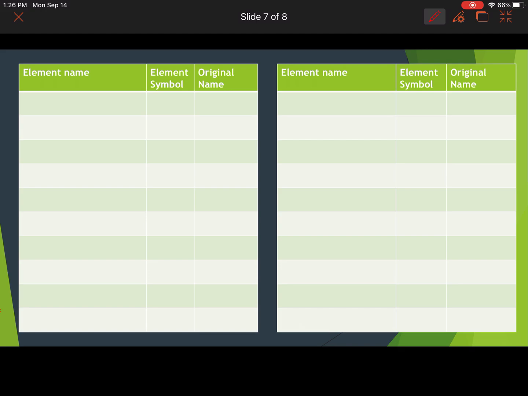So looking at this element name, we're going to start out with number 1. So if you look at your periodic table, the first element listed there is hydrogen. The element symbol is H. Now, some of the elements had original names, and hydrogen didn't. It's always been hydrogen. So if it has an original name, I'll write it in there. So hydrogen. Helium is going to be our next one.